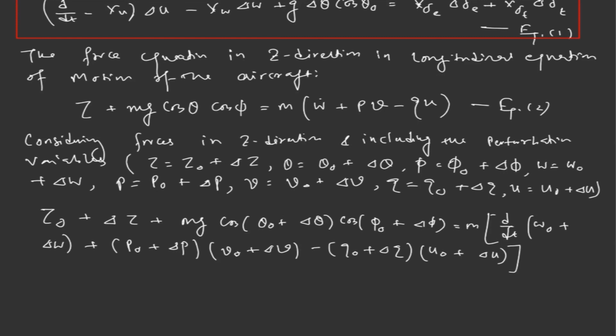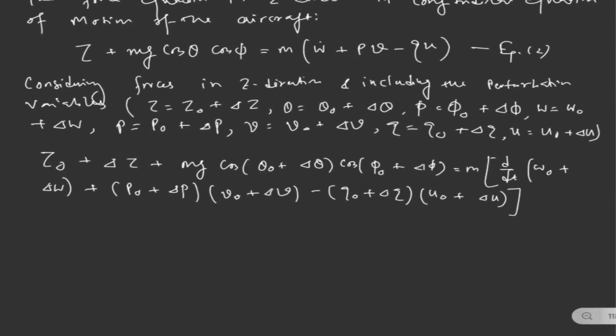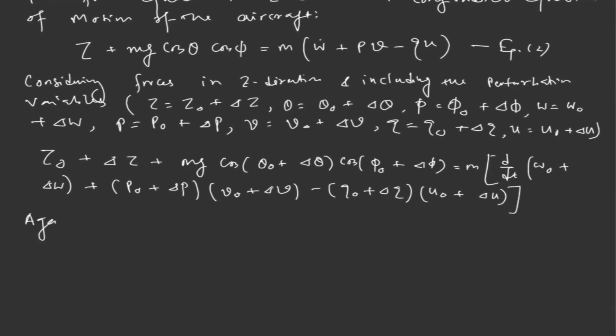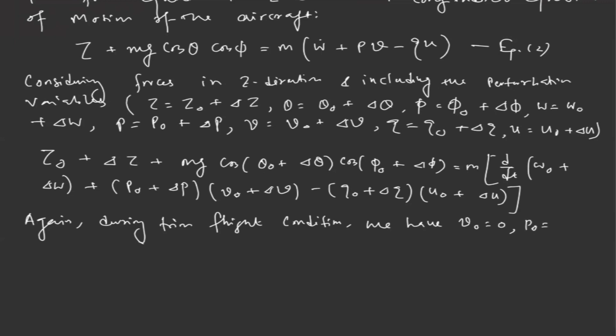Now, as we know, for the steady flight condition, we have P naught equal to 0, and Q naught equal to 0.